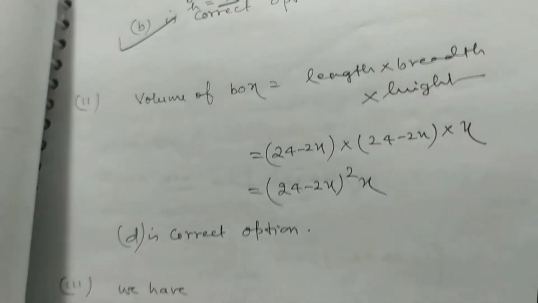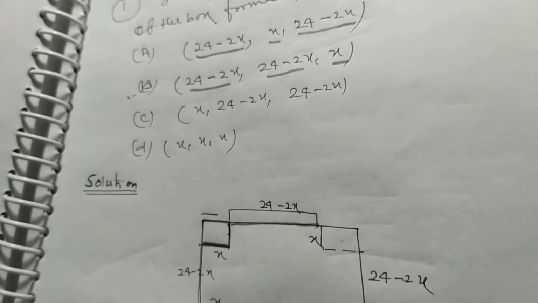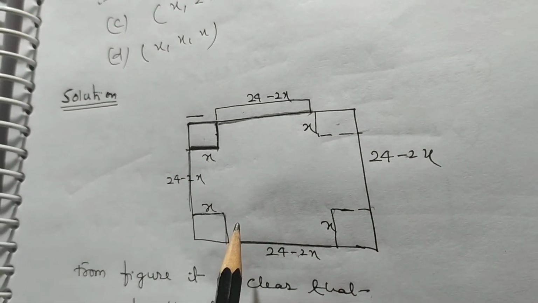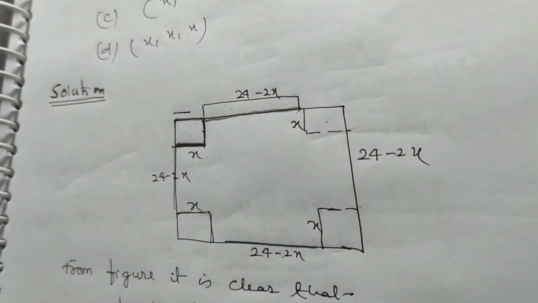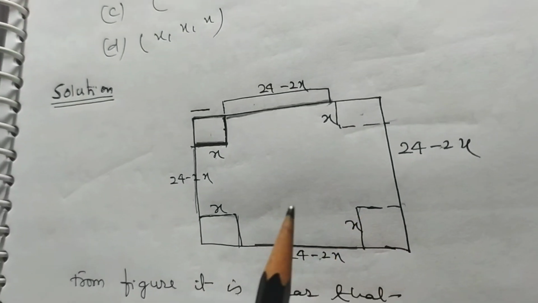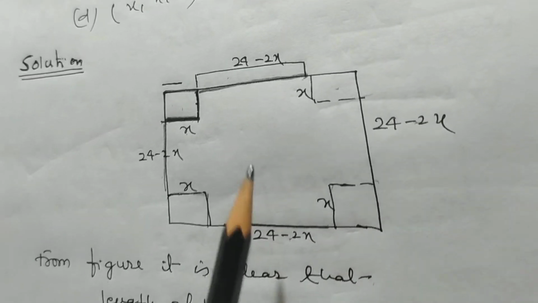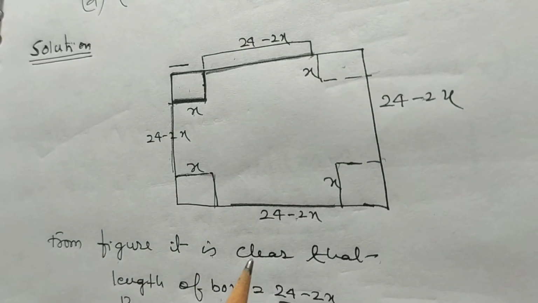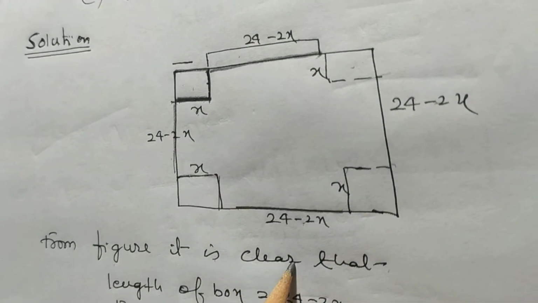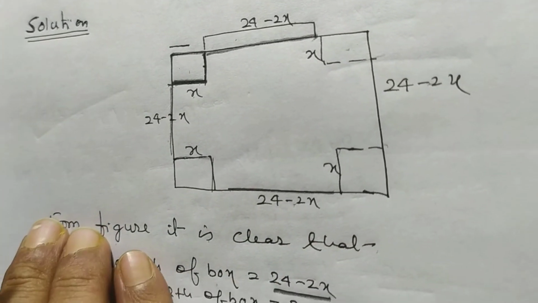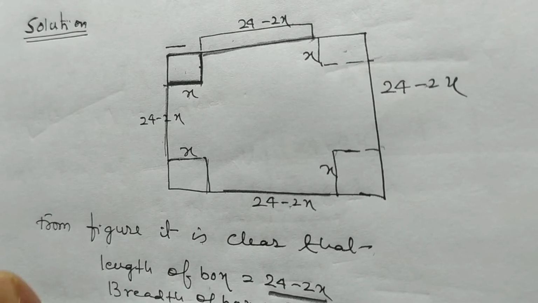My dear students, as we observe, the problem is very easy and you have already solved this type of problem. But you should solve it on the sheet and write the correct option. You don't write only the correct option.